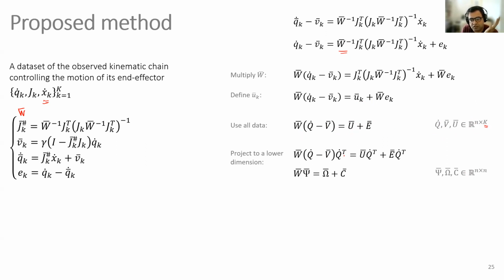So what I did is I multiplied by q dot transpose. This brings me to a lower dimension. So this set of equations becomes something very simple in the lower dimension, where the parameters that I want to estimate are here. They're also hidden inside here, in a nonlinear form.